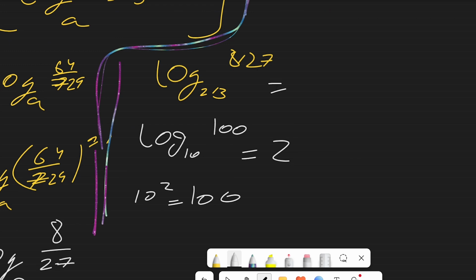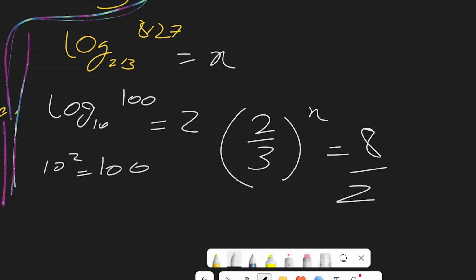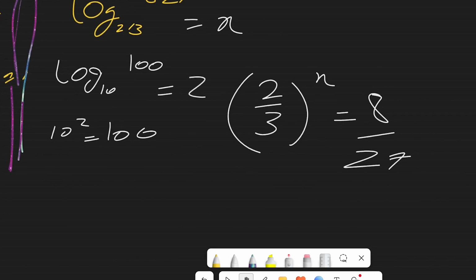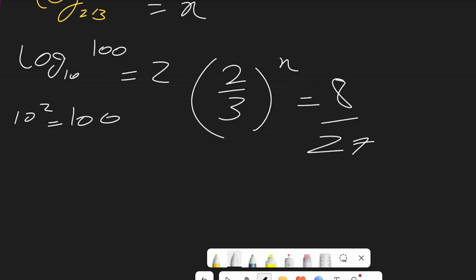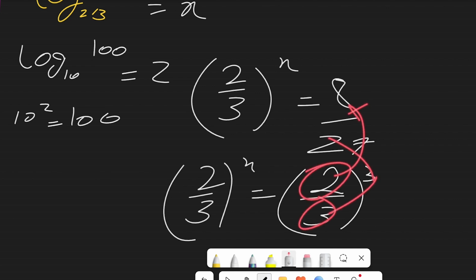If this is equal to x, that means 2 over 3 power x would be equal to 8 over 27. If we make this into 2 over 3 form, what do we get? 2 over 3 whole power x would be equal to 2 over 3 whole cubed, because if we cube 2 we get 8, if we cube 3 we get 27.